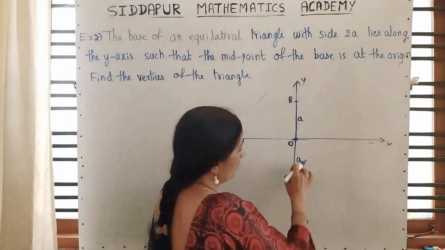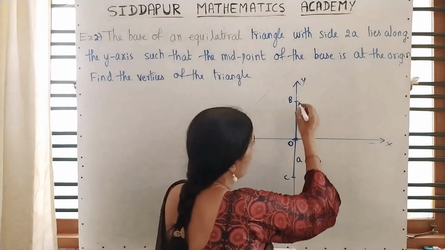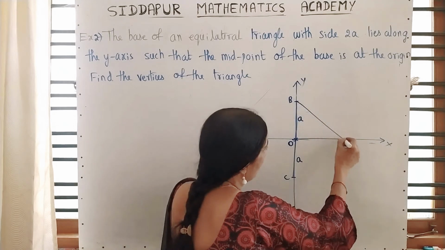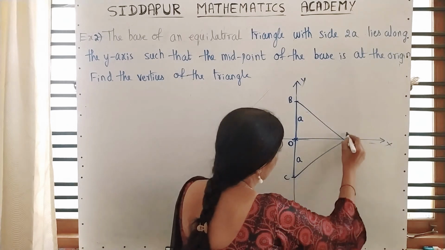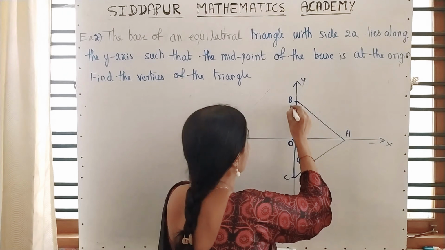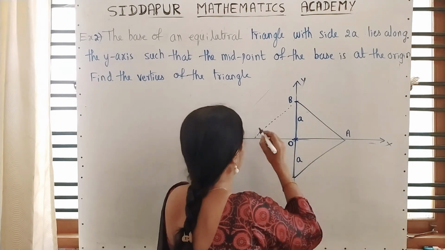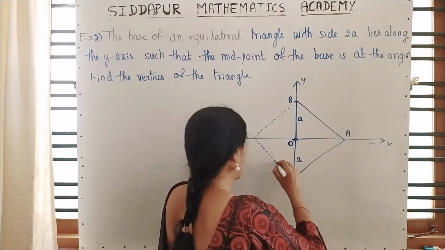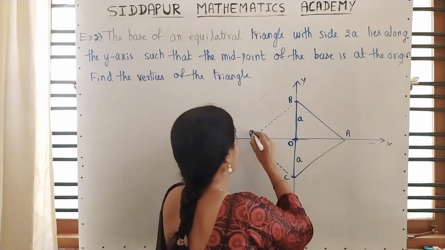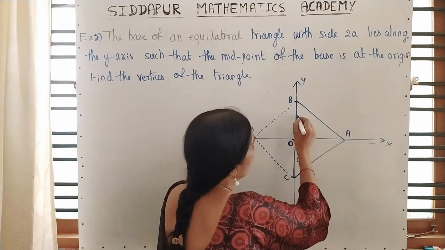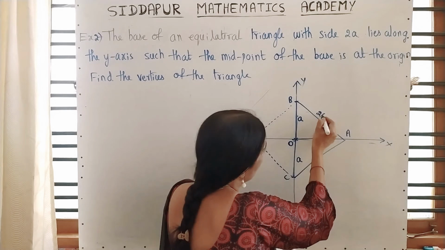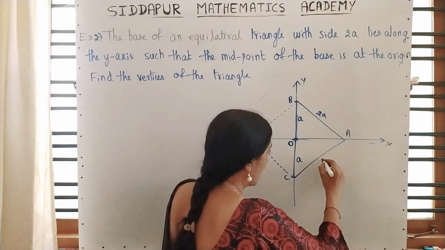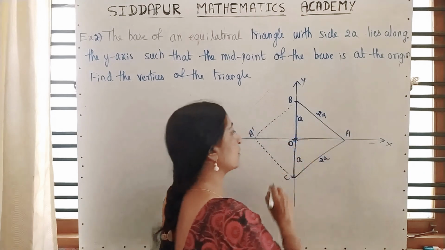If this is the base and this is the midpoint, obviously the figure will come like this. This is A. Either you can get it on the left side or on the right side, this is A dash. Now this is a, this is a, this is 2a because it is an equilateral triangle with each side 2a.